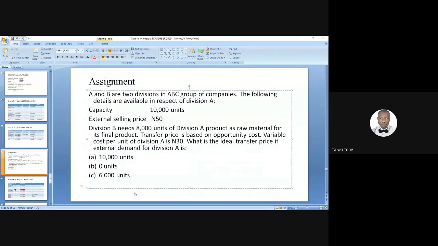Okay, fine. So this is one of the questions we are expected to solve. Let me quickly search for the other one from the ICAN Pathfinder so that I can tell you the year.